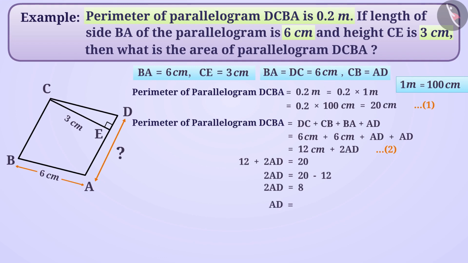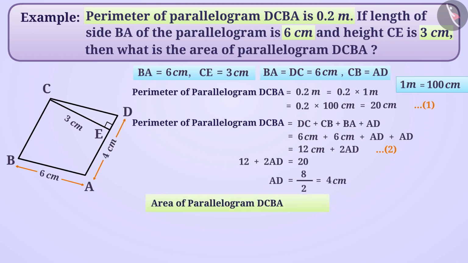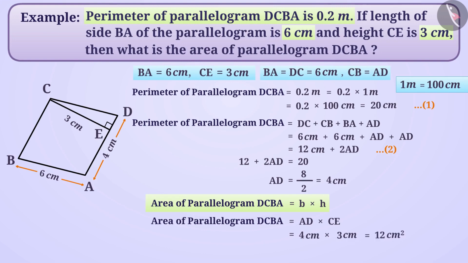Base AD is equal to 8 by 2 is equal to 4 centimeter. Since the area of parallelogram is equal to base multiplied by height, therefore area of parallelogram DCBA is equal to AD multiplied by CE is equal to 4 centimeter multiplied by 3 centimeter is equal to 12 square centimeter.